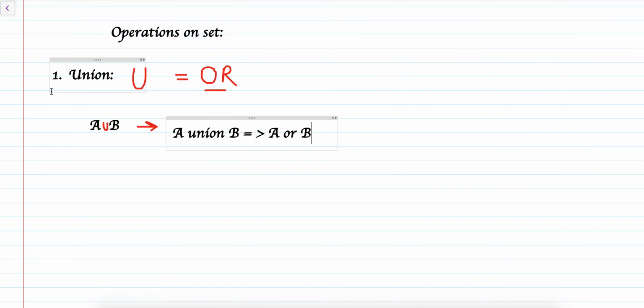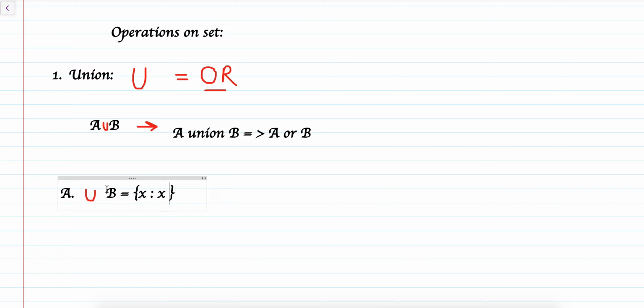So if we see a definition, we will define A union B as the set of X such that X, or we will write it in symbol.